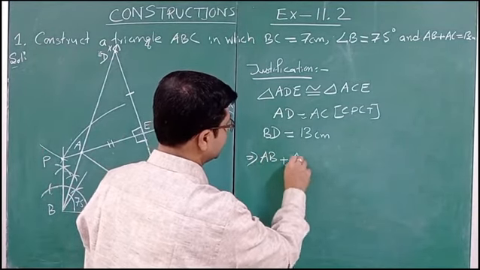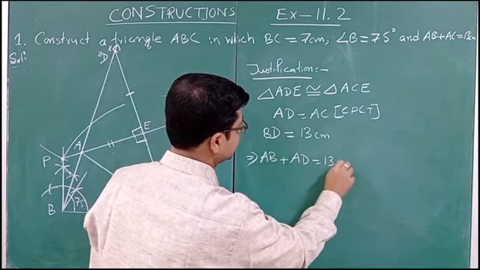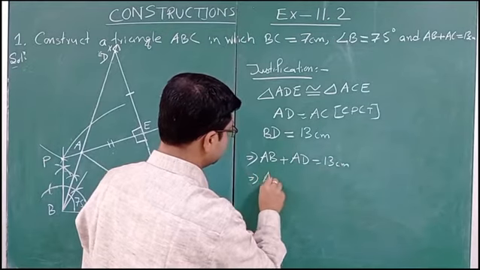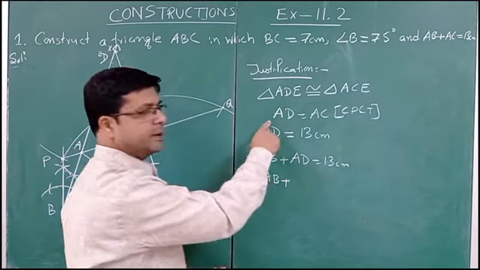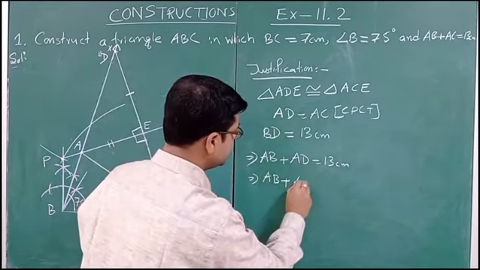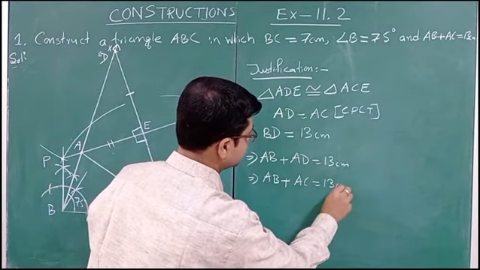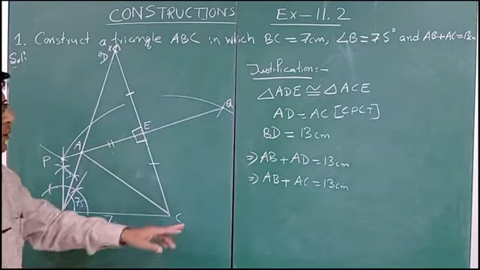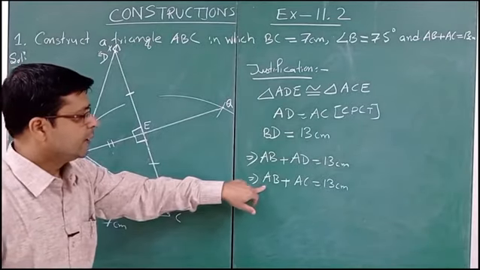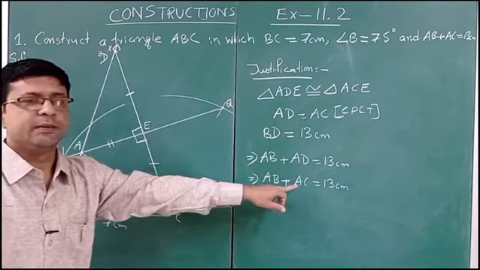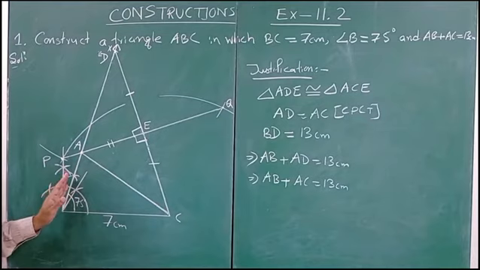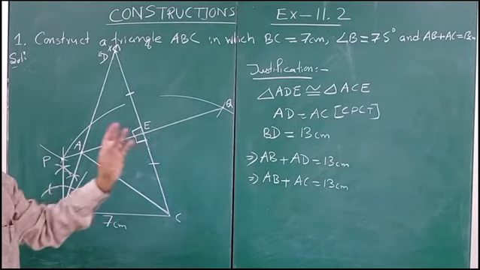This is 13 centimeters. Dear students, we had proved that AD equal to AC. So here you can see that AB plus AC is 13 centimeters. In this way the triangle is constructed. This is the justification of this construction.